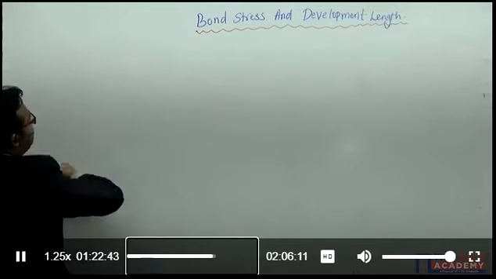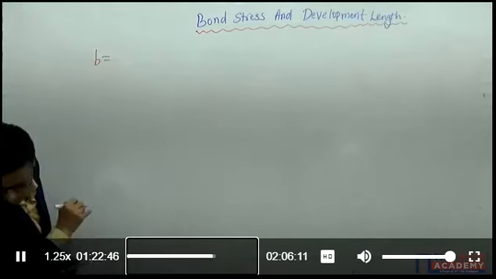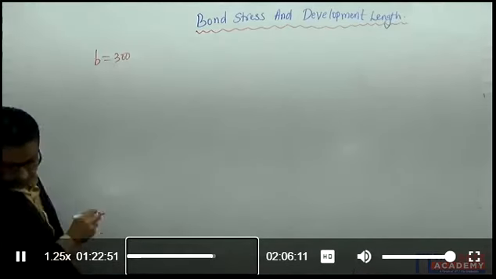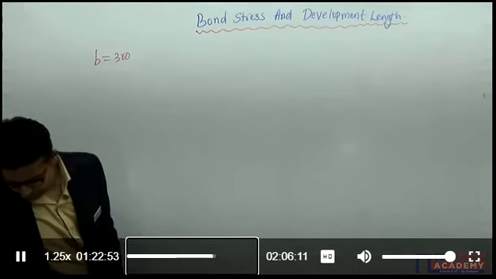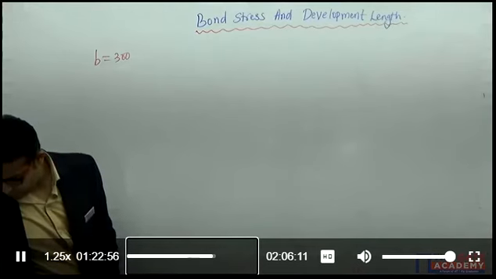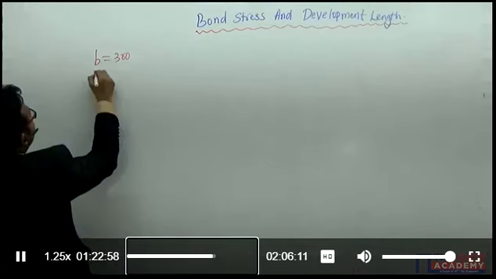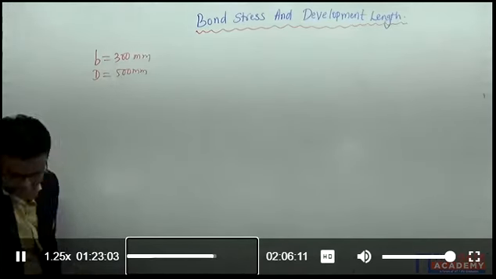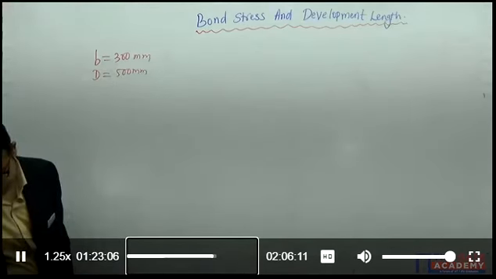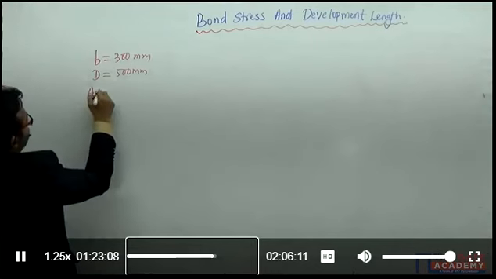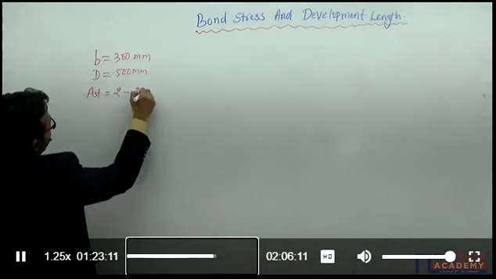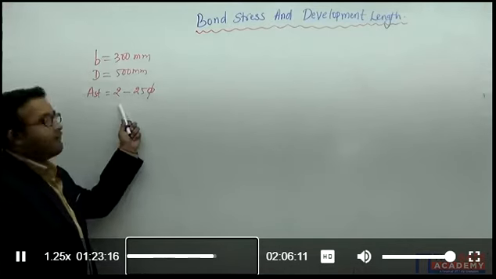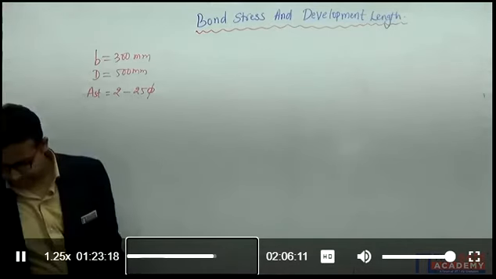Suppose I have one beam of width 300 mm and the overall depth is 500 mm. AST we have provided 2 bars of 25 mm diameter.